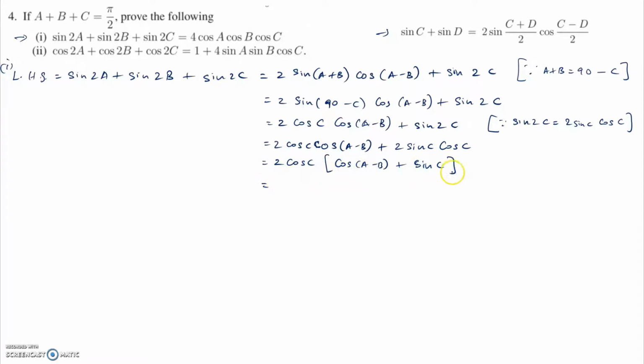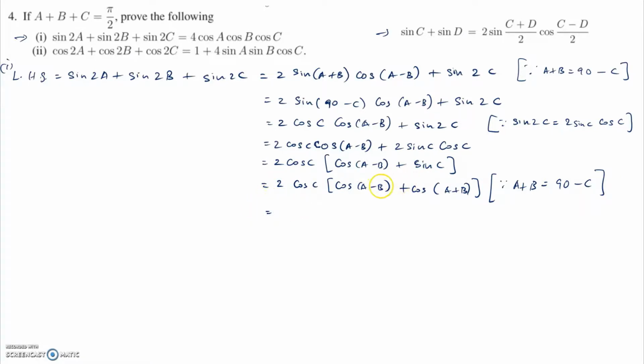Now, again the sine c can be rewritten as cos(a plus b), since a plus b is equal to 90 minus c. So, this becomes 2 cos c into cos(a minus b) plus cos(a plus b).